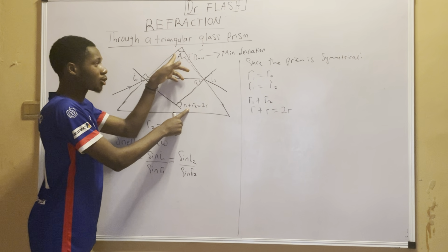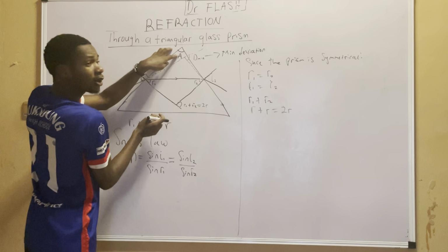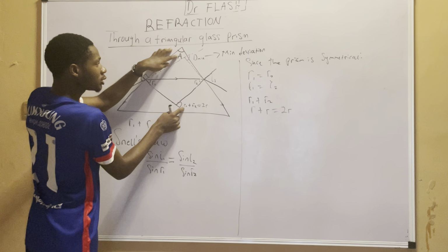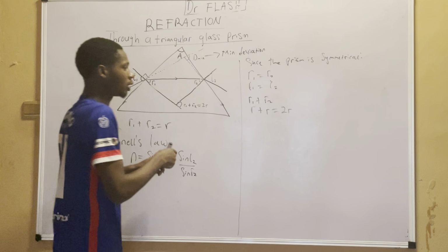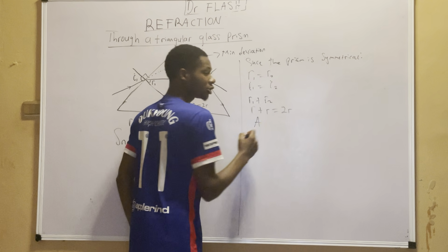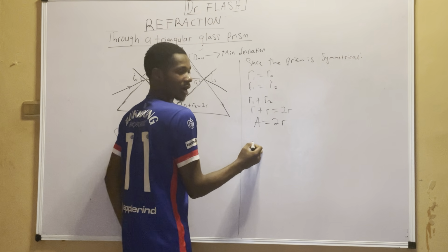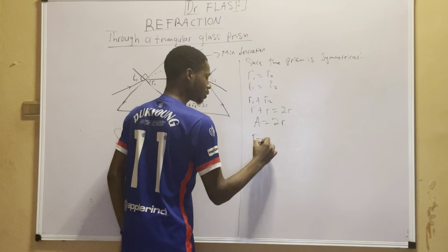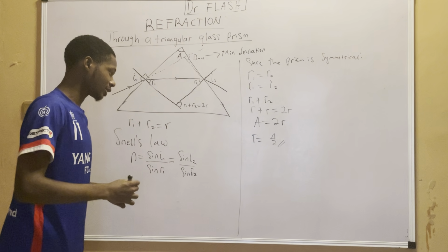Interior angle is the angle inside. We're having a shape like this, a quadrilateral. The angle inside is equal to the opposite exterior angle. So we can see that A, which is the apex angle, is equal to 2 times R, of which R is equal to A over 2. This is something we just proved, like I said initially.